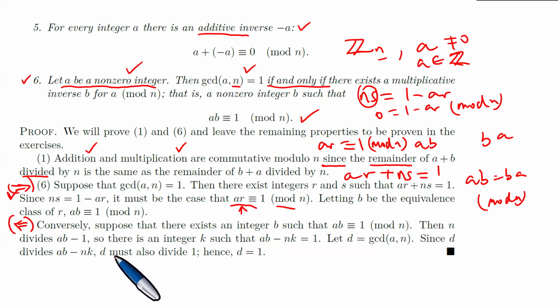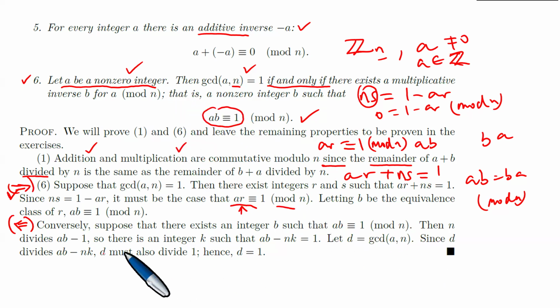suppose that there exists an integer B such that AB is equivalent to 1 modulo N. So we're starting from the conclusion, and we want to establish the premise now.